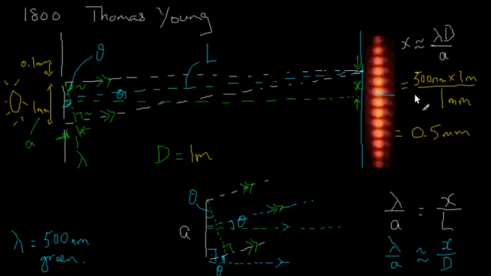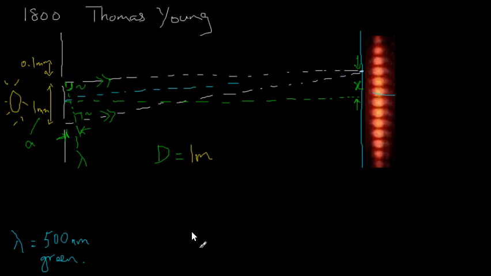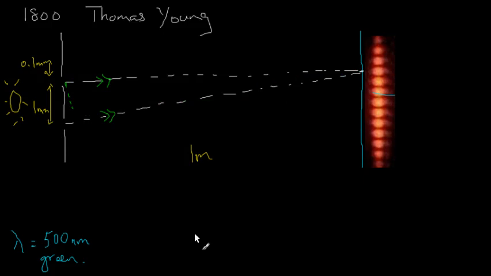So let's look at this in a little bit more detail. Now if I look at this fringe pattern, let's think about maybe plotting a graph of the intensity along this direction.